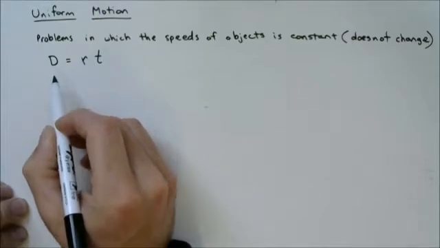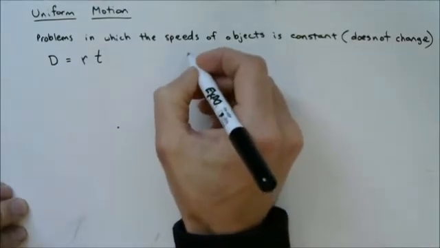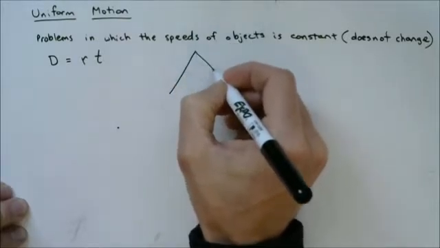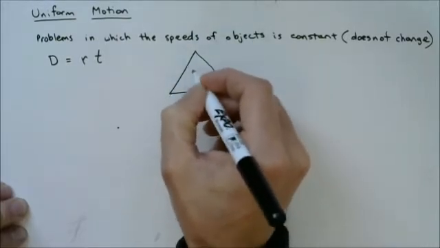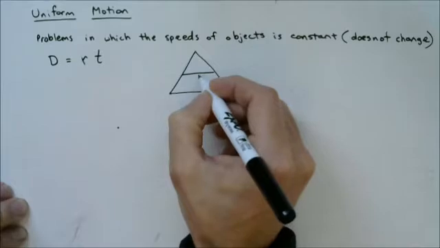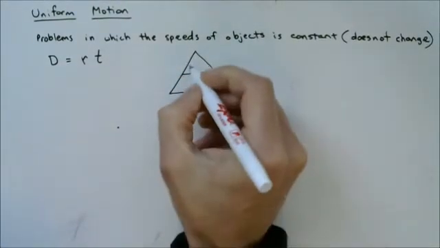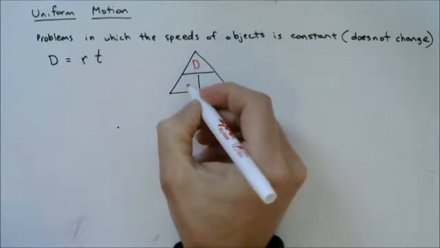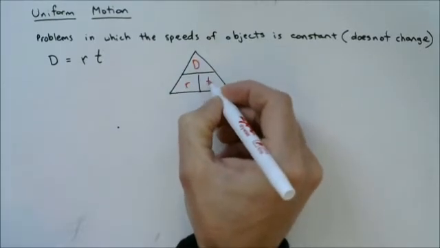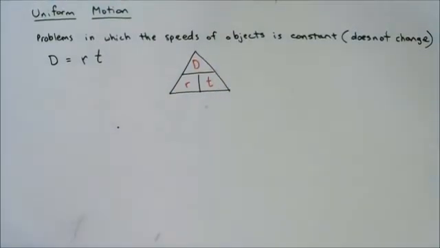Okay? A nice way to remember this is in a triangle where we have our variables d here, r here, and t here. I'll explain that in a second.